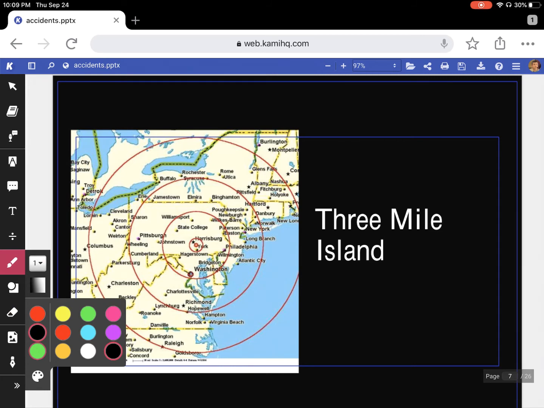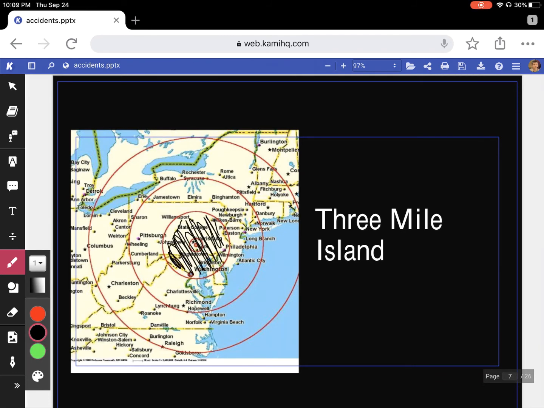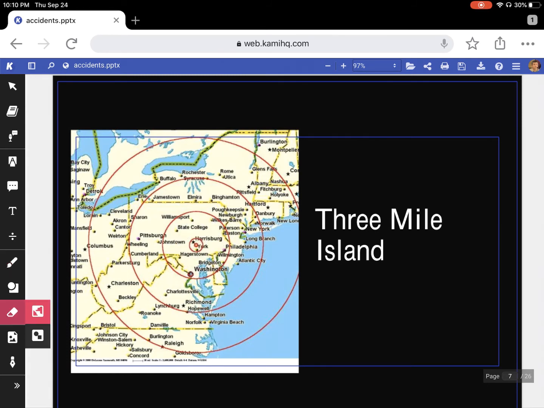And, long story short, pretty much everybody in this area, you could pretty much figure those people would likely not survive the radiation dosage depending on the wind direction. So that includes locations like Philadelphia and Washington, D.C. and State College, Pennsylvania, not the Nittany Lions.